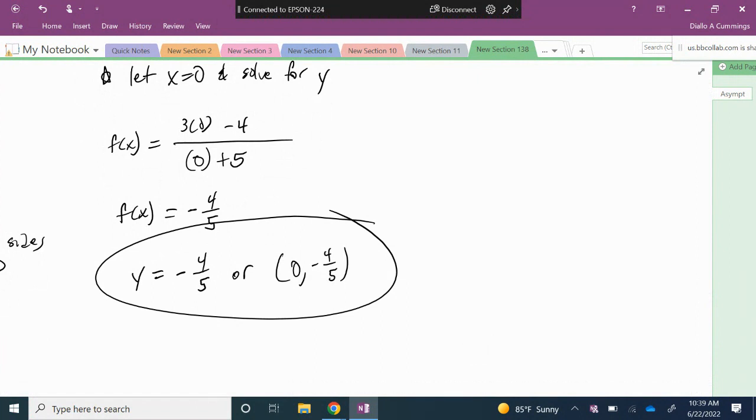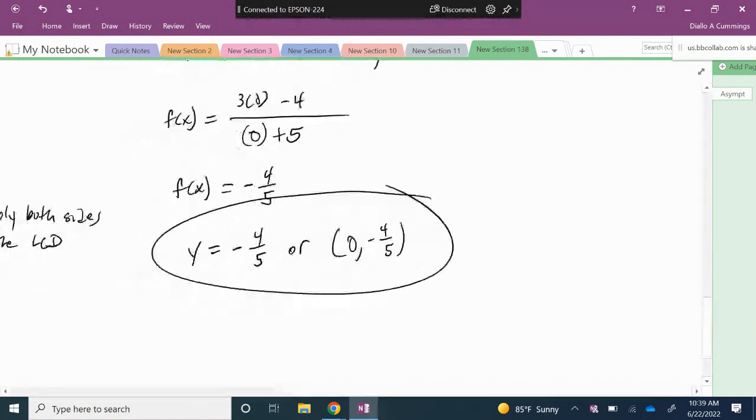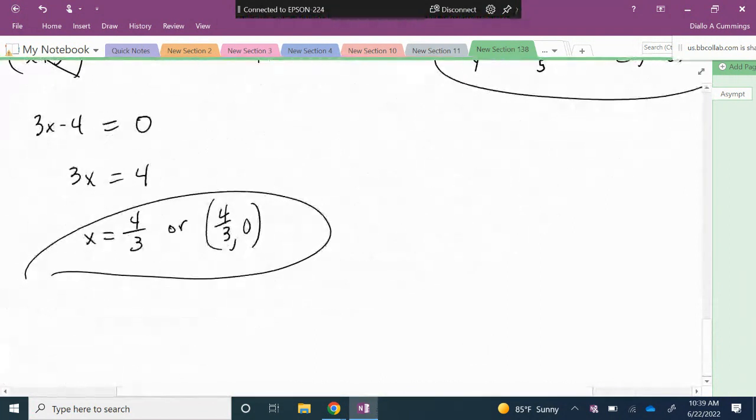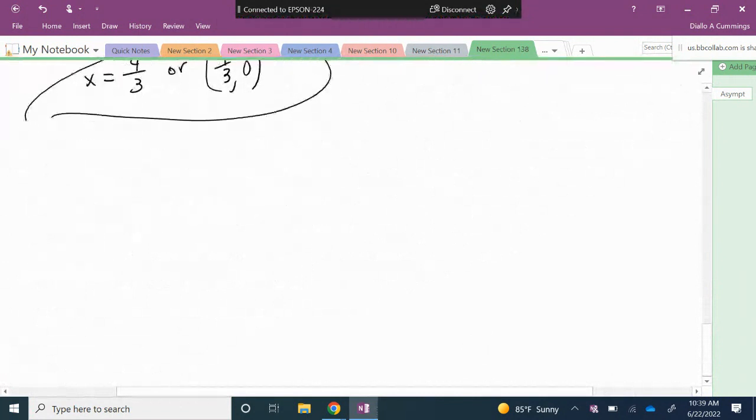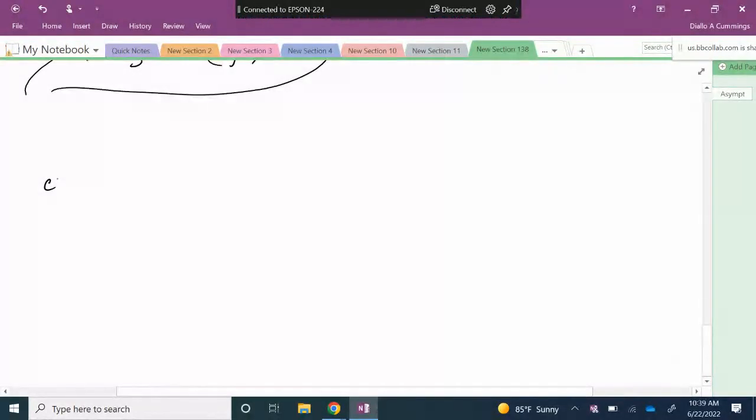Now we're asked to find the asymptotes. And so here's where that cheat sheet is going to come into play. So now we're going to find the horizontal asymptote.